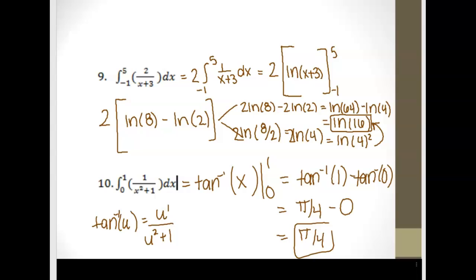So if there's an x squared on the bottom, you're looking for u prime over u squared plus 1, or u prime over the square root. I only put these on there because sometimes the book sneaks them in. I assign you the problems and they look normal and they look good, and then it's like, oh, crud. They were not normal. They were not good.